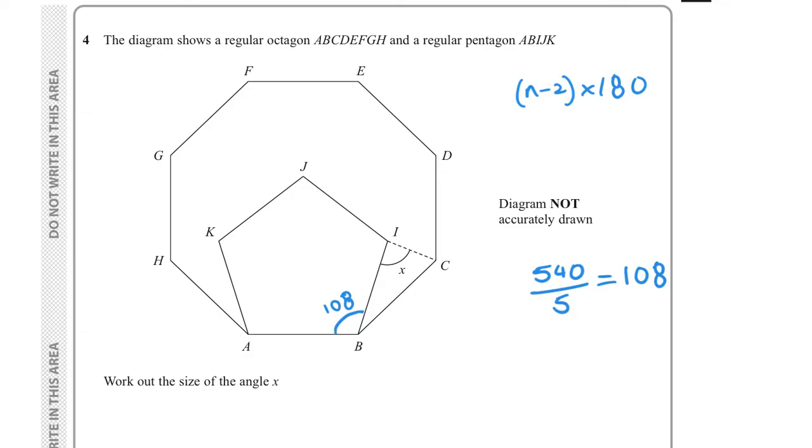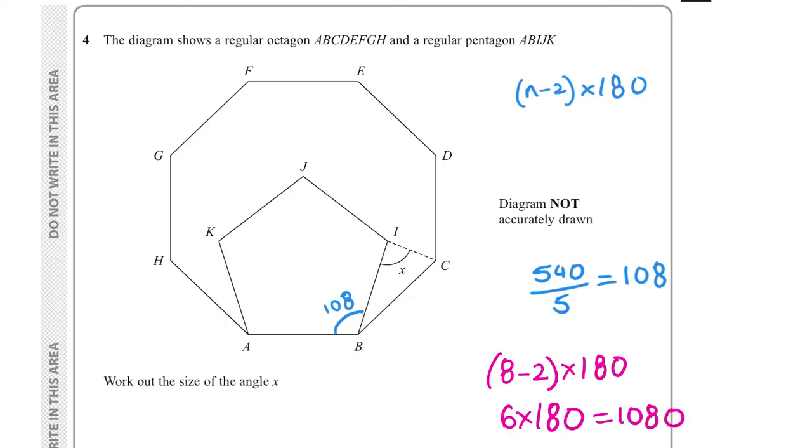Beautiful. Now we have a, what's this? Octagon. So then the octagon is 8 minus 2 times 180. So 6 times 180, because octagons have 8 sides, right? 1080.